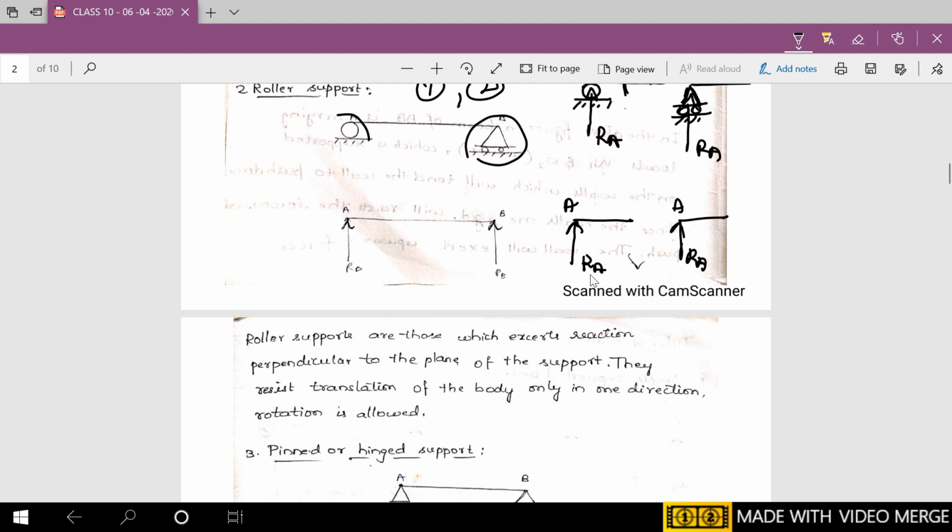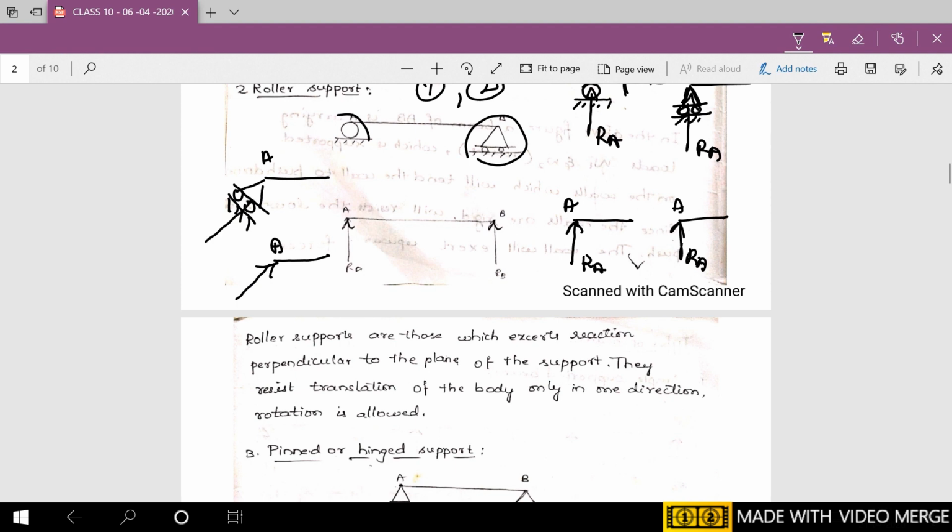For example, if the object is this beam B, and this point is point A, and your roller is given like this, then its reaction has to be written in this way only.